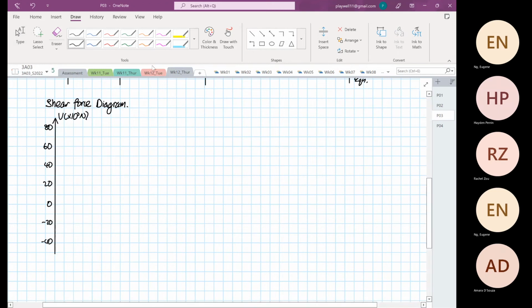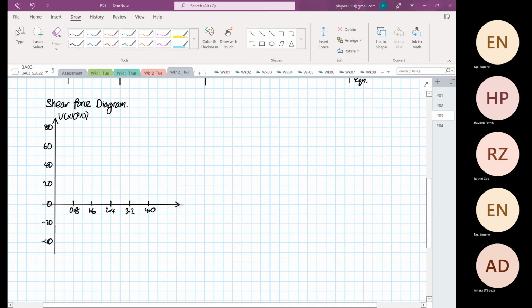And we have our x-axis. So this is 0, 0.8, 1.6, 2.4, 3.2, and 4.0.